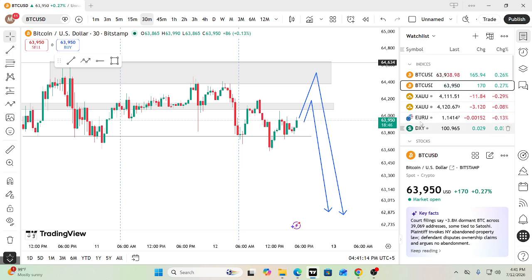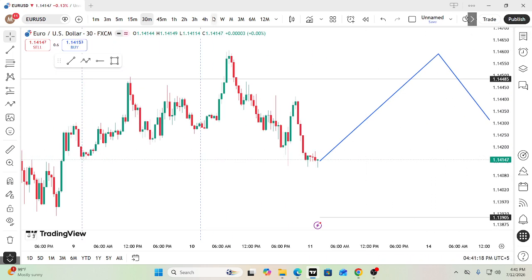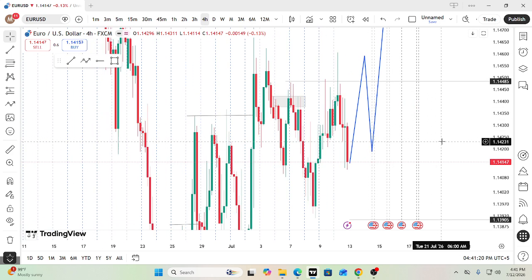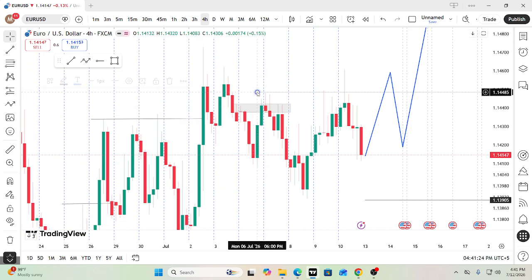So now we move to the chart of Euro USD. The Euro USD chart is very similar to the chart of gold. This is the supply area.